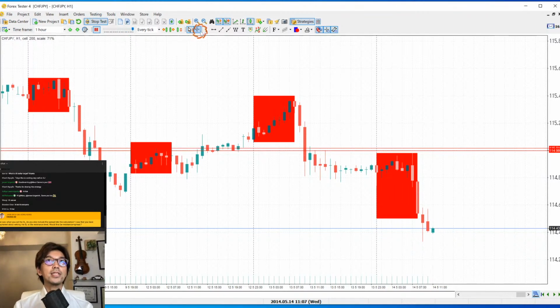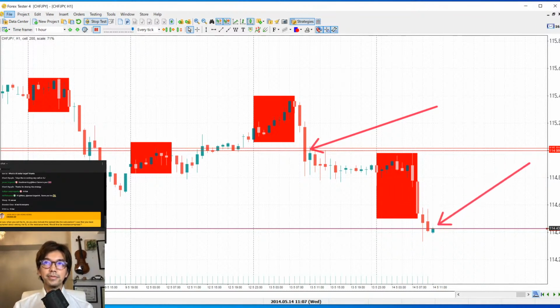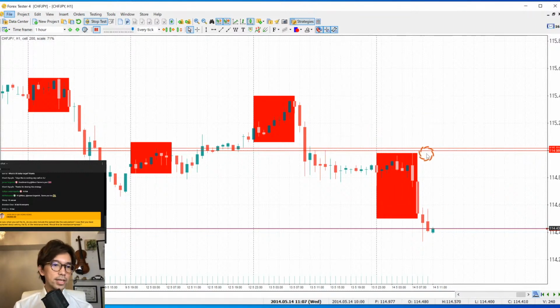So let's say I place another sell here, and this is another position to sell. And I put the stop loss slightly above the recent high, in this case at this level.